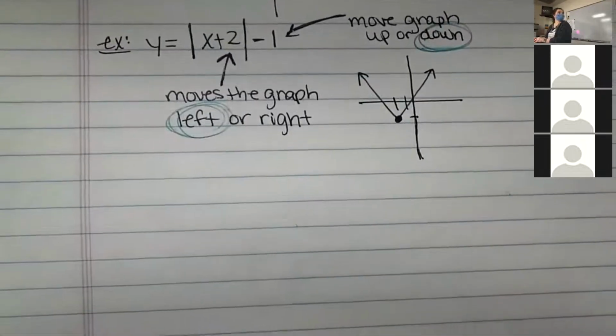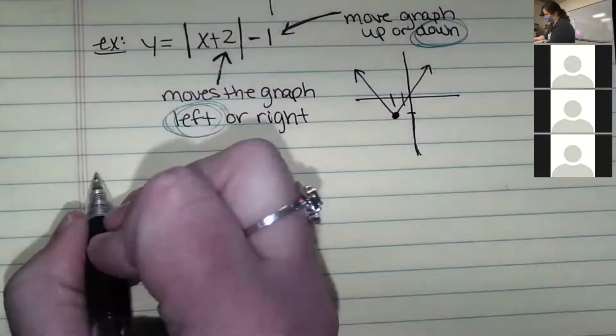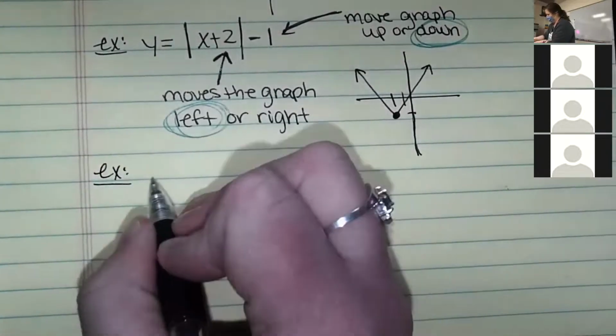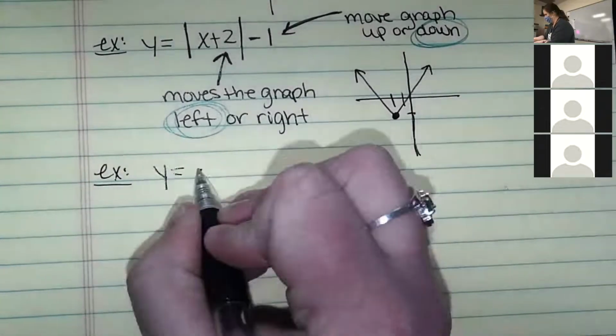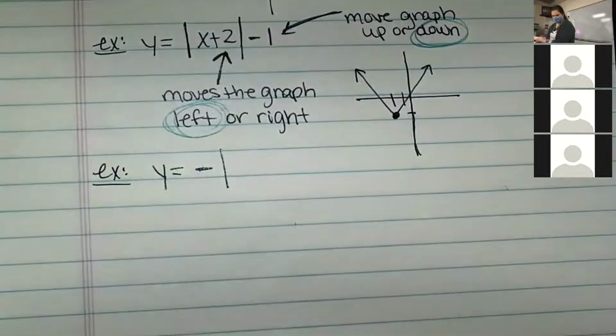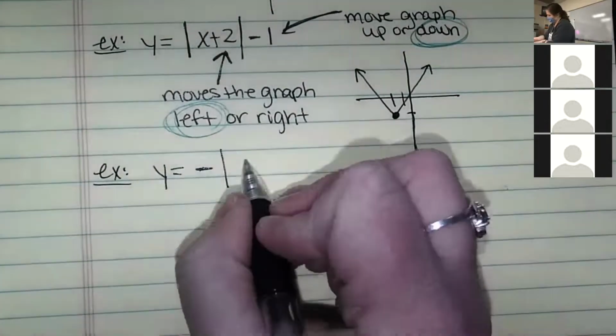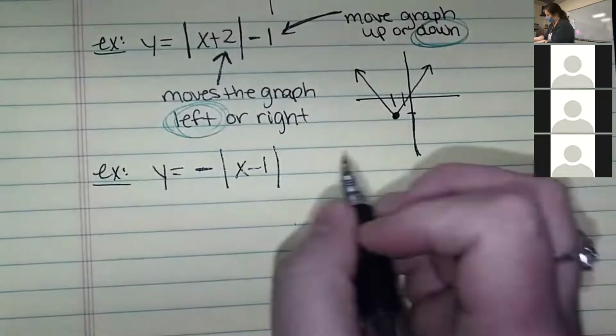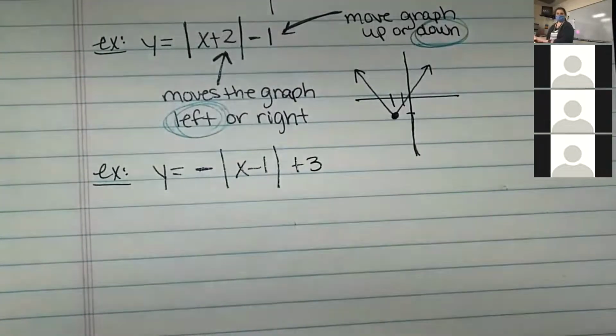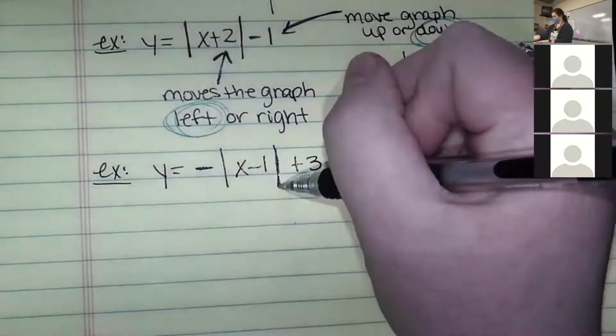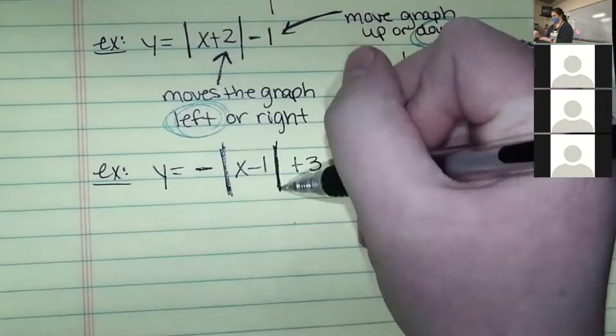Let's try one more because I want to make sure I prep you on everything. Let's say we have y equals negative absolute value of x minus 1, plus 3. I'm going to try to make these bars nice and dark so that you remember those are absolute value bars.